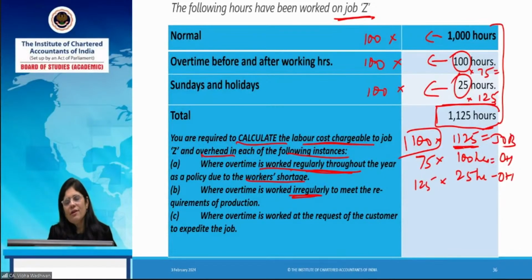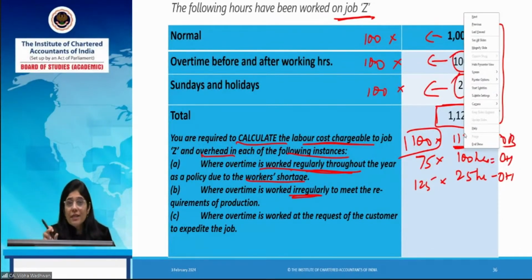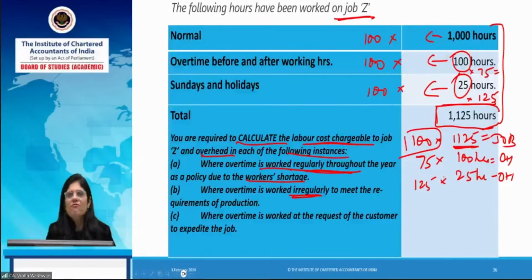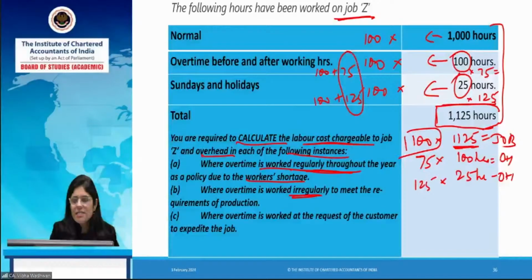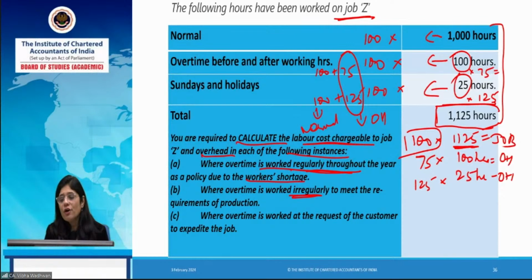For total 1125 will go to job only. Overtime ka part 75 or 125 ही है. Clear? So it's 100 plus 75. It's 100 plus 125. This part is overhead. But this will be treated as normal wage only. So the normal wage rate for the total hours will go to the job as direct labor cost. And the overtime premium wala part will go to factory overhead. This you need to understand. आप total 175 into 100 नहीं कर सकते हो overhead के लिए. Clear? So I hope you've understood this.